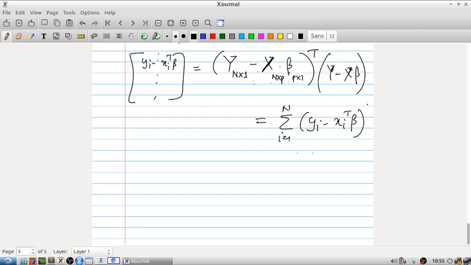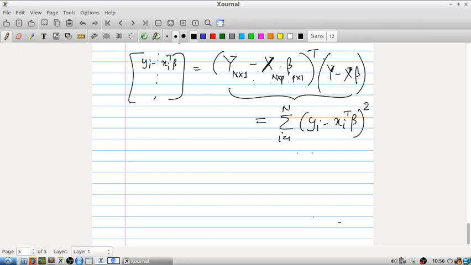Do you guys agree that this term is a scalar? This is an n cross 1 vector inside. I'm taking a transpose, so it's a 1 cross n vector. And this term here is the same as this, so it's an n cross 1 vector. So it's an inner product of two vectors of the same dimension, and so it's going to be a scalar.